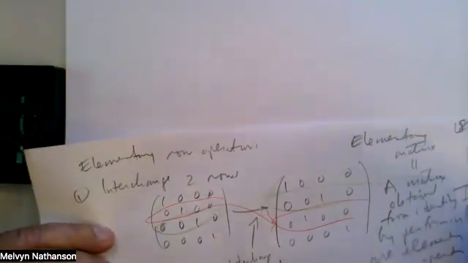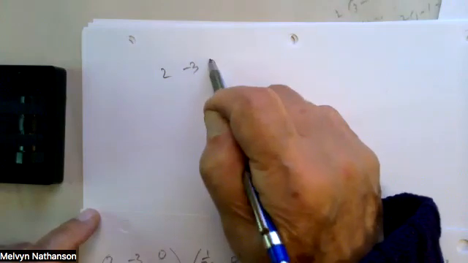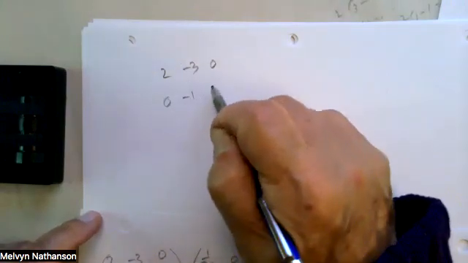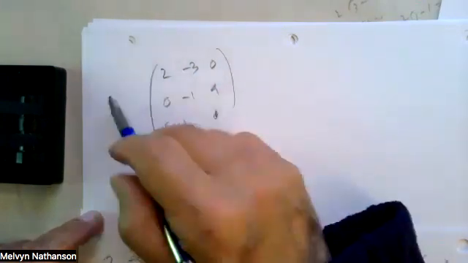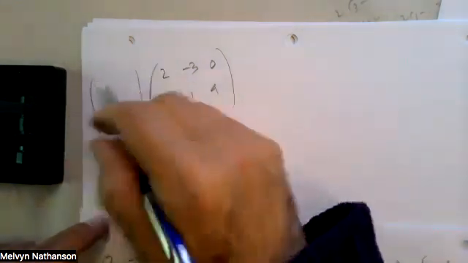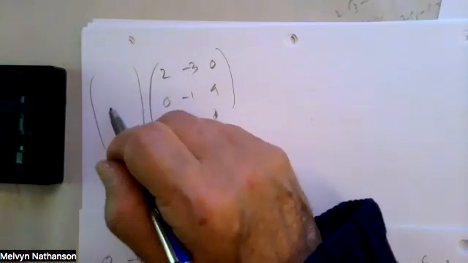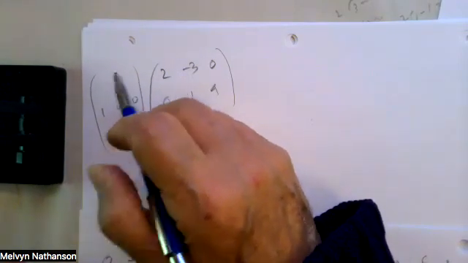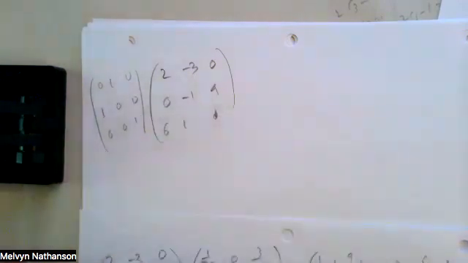So for example, suppose I have this matrix 2, minus 3, 0, 0, minus 1, 4, 6, 1, 0. If I take the elementary matrix I get by interchanging the first two rows of the identity, so I take the identity and I make the first row the second row, and the second row the first row, and the third row I don't change.